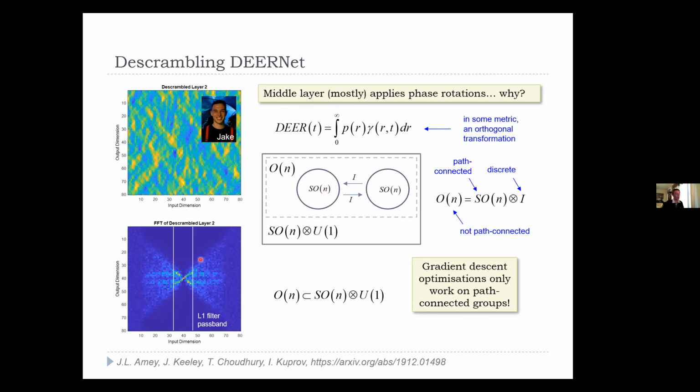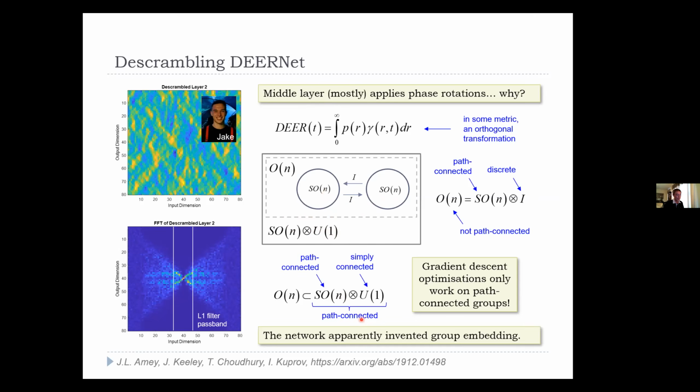And this is apparently what this layer has evolved to do. So our SO(N) is path connected, our U(1) is simply connected, so the whole thing is path connected, and the orthogonal group in which we seek to find this transformation is embedded into that. So the network apparently invented group embedding.